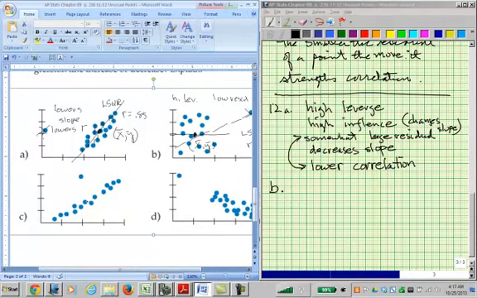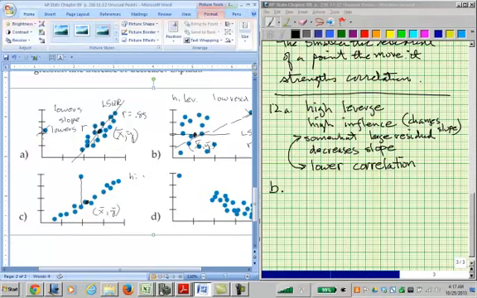Let's place approximately here is X bar comma Y bar. All right. This point has a high residual. Okay.